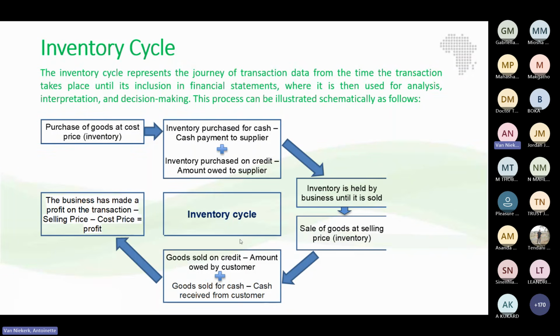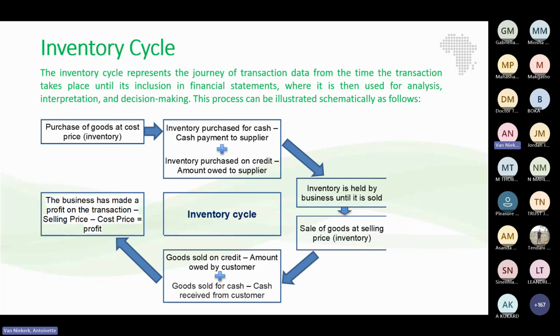But now you sold on credit. This means that this time an entity or a client owes you money. So in that case, the trade and other receivables account, your debtors account, will be applicable.